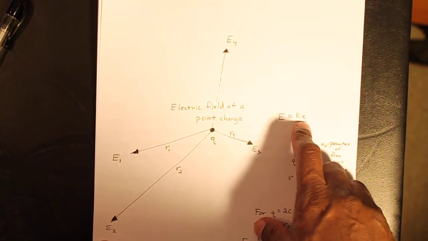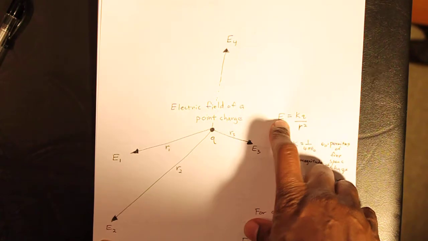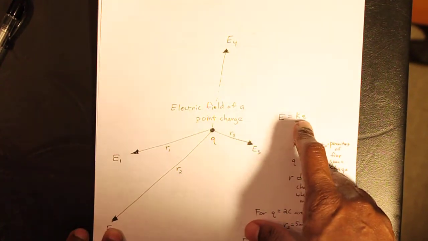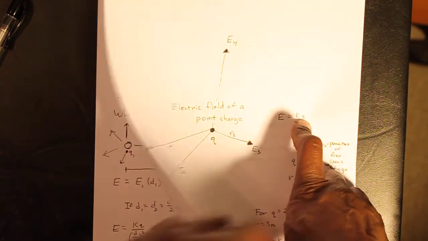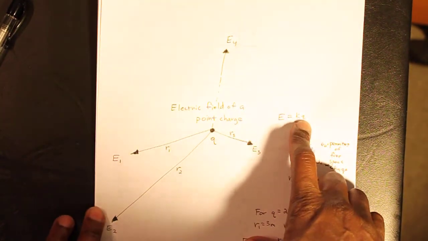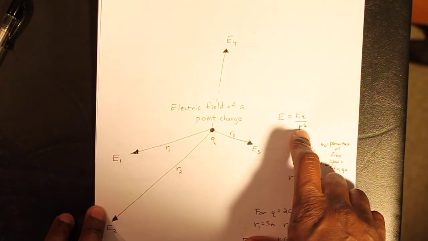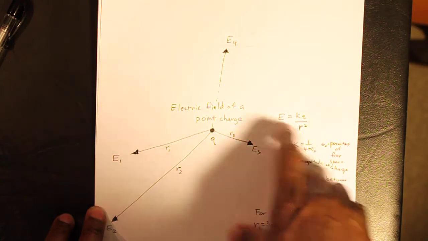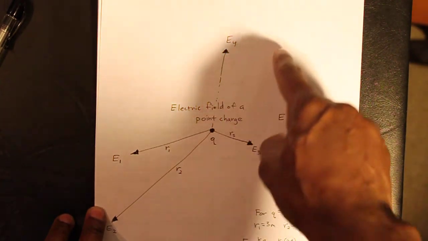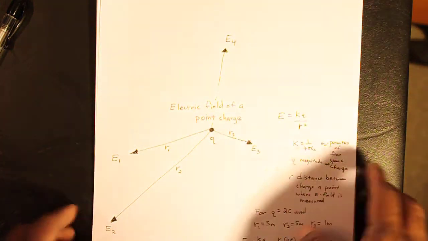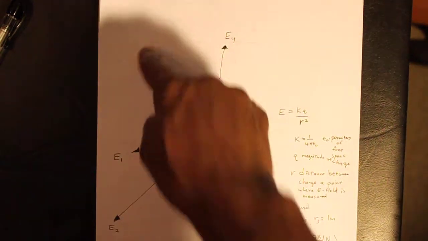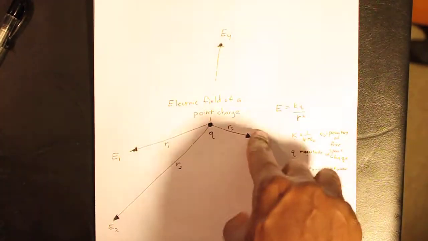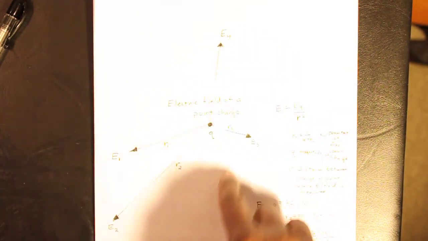So what this equation tells us is that E, the electric field, or E field, as sometimes I'm going to write it, is proportional to the charge itself, how negative or how positive the charge is, divided by the distance from the charge to the actual point where the electric field is being measured. So at different points on this page, you're going to have different magnitudes or different intensities of the electric field.